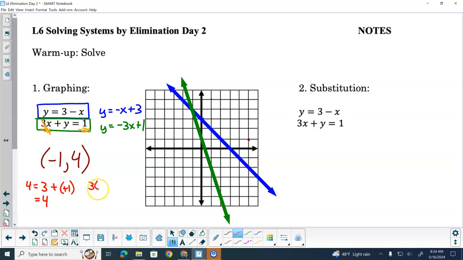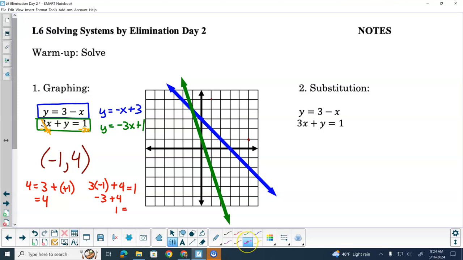Parentheses, -1 plus 4. Negative, or 3 times -1. -3 plus 4 is 1, equal to 1.